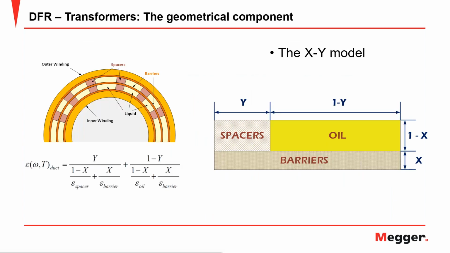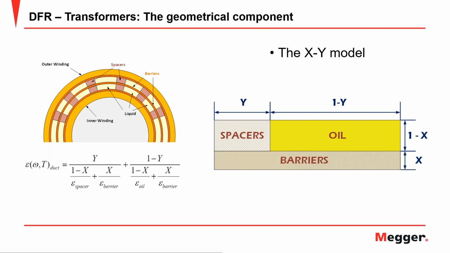When we talk about the XY model, just for you to have an idea, we're looking into the spacers and the barriers that we have in a typical interwinding insulation. Most of the time, and when possible, we're going to look into some of the hookup diagrams that we have. But the idea is to look at the interwinding insulation, with the spacers, the barriers and the liquid insulation.